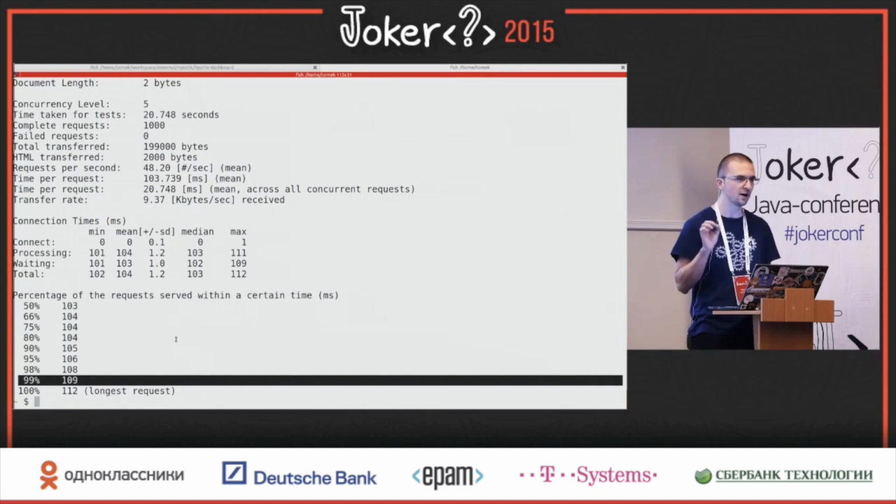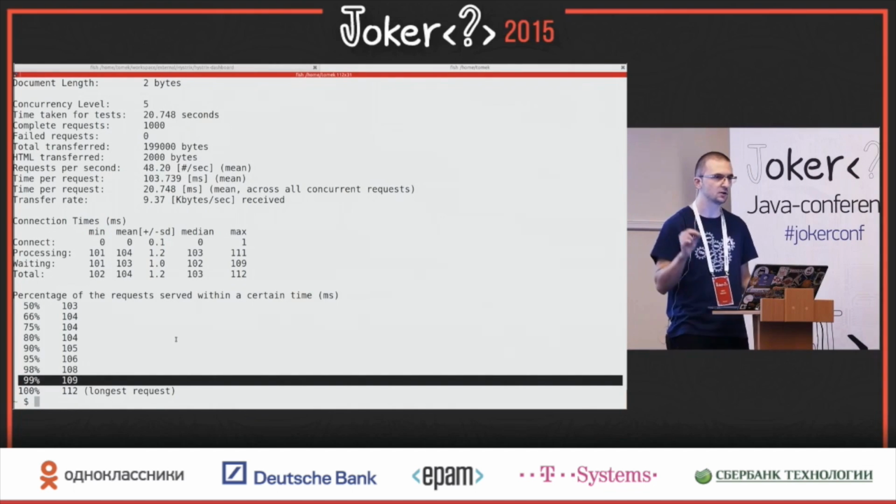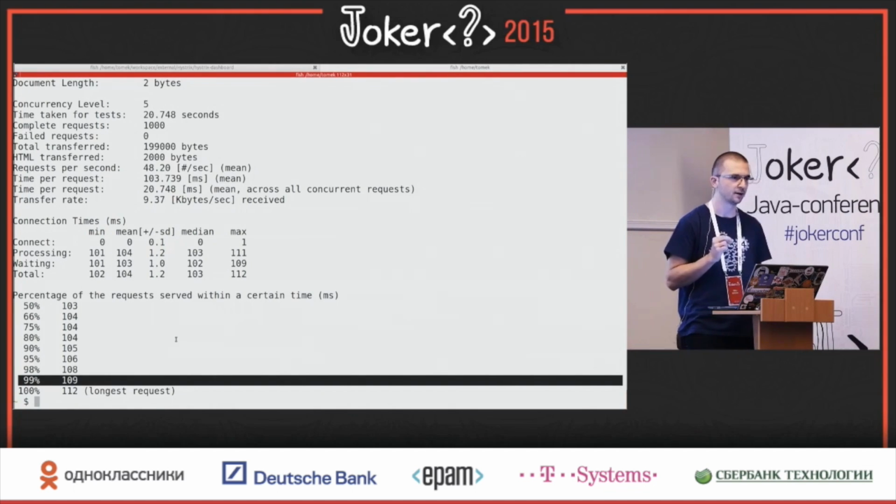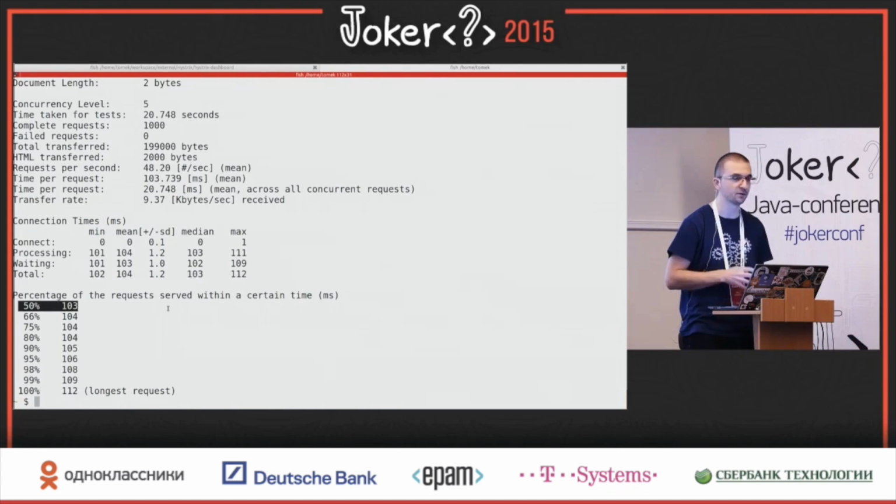So there was only 1% of the requests that was slower than 109 milliseconds. That's the end of the definition. So you see that the median, which is the 50th percentile, is 103 milliseconds, which means half of the requests were actually within 103 milliseconds. So that's fairly simple, and I guess you should expect a result like that.